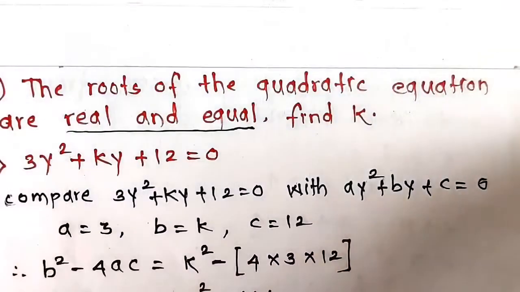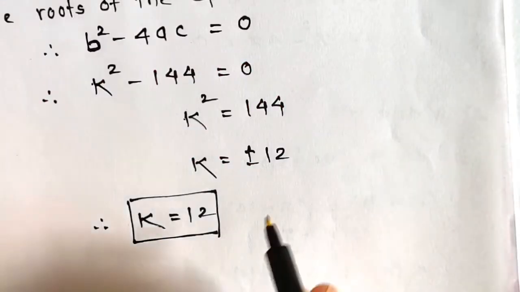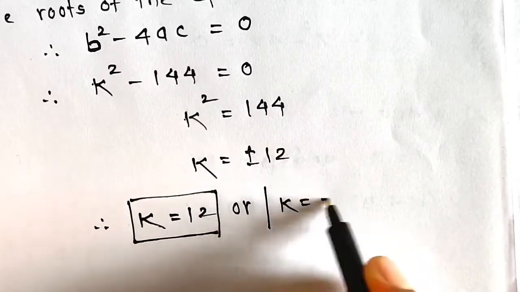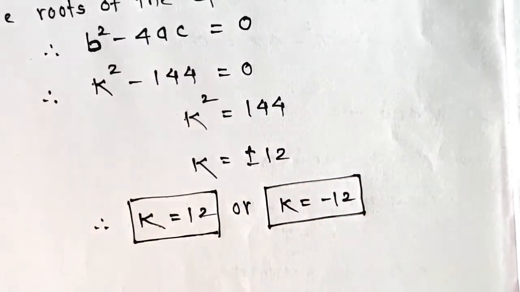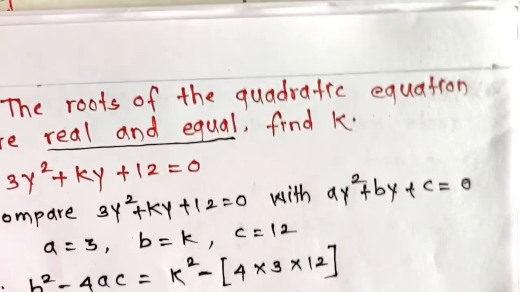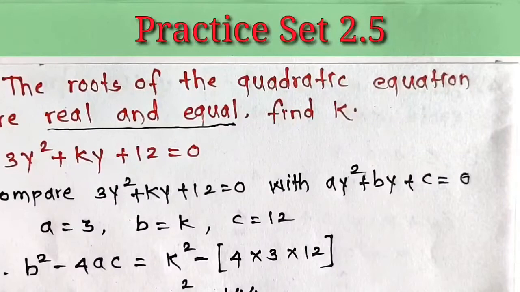So here this practice set 2.5 is completed. We can also write both the values. k is equal to plus minus 12 means k is either 12 or k is equal to minus 12. So in this way we complete this practice set 2.5.